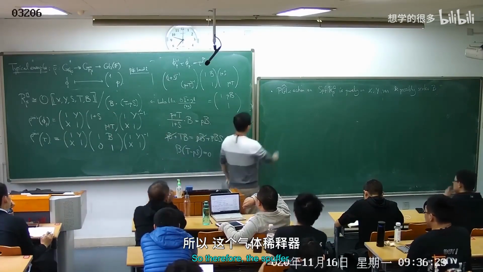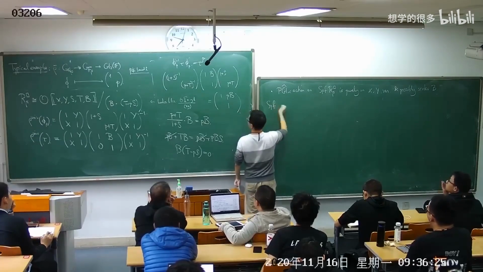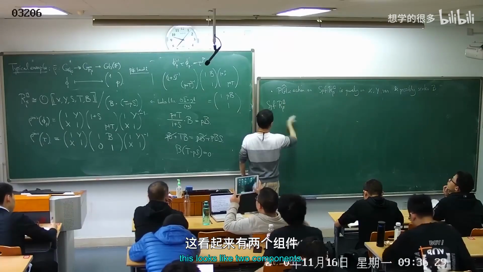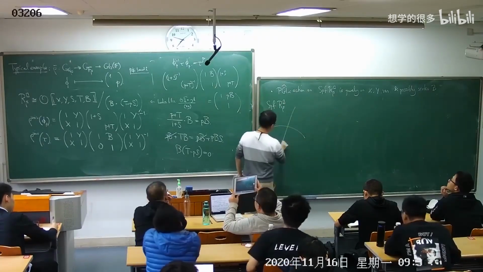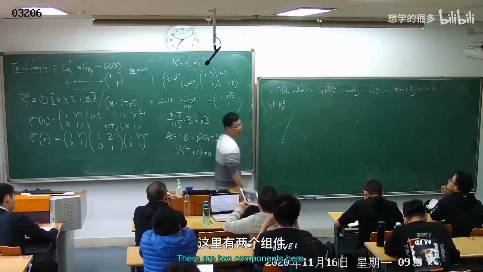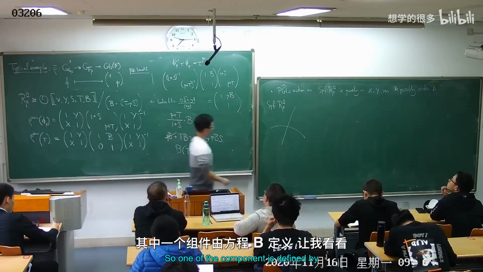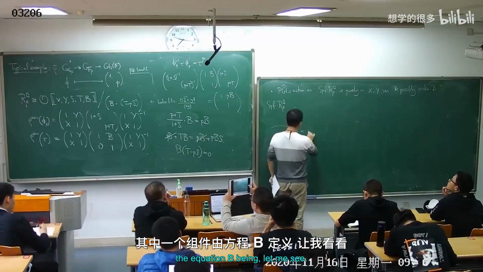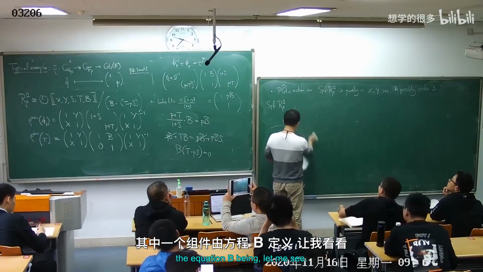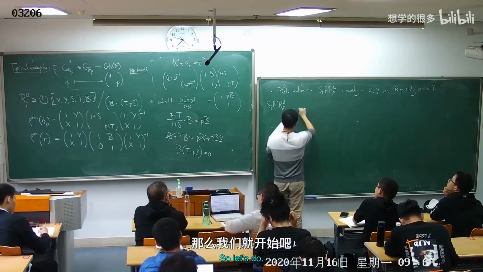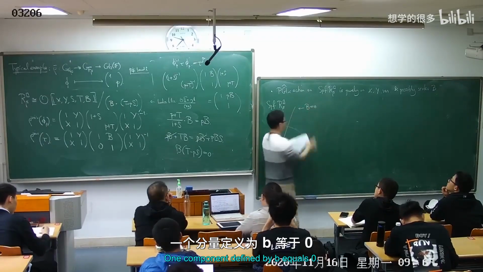Therefore, the spectrum looks like two components. There are two components here, x and y. One of the components is defined by the equation b equals 0.